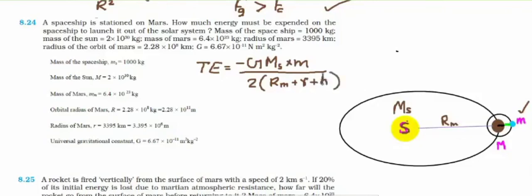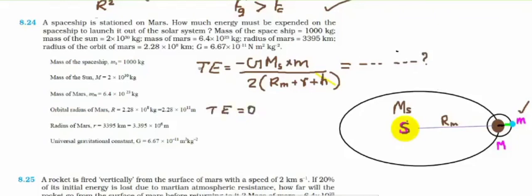Here it is not given, and compared to this distance, h we can neglect, so that you will get the formula minus G Ms m divided by 2 into Rm plus R, and find this value, the total energy of the spaceship with respect to the solar system. Now we know if total energy is zero, then the spaceship can escape.